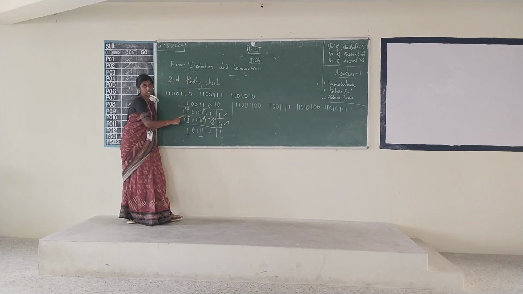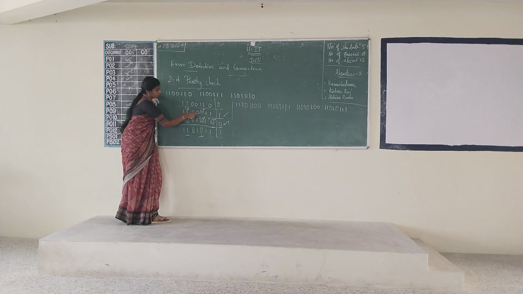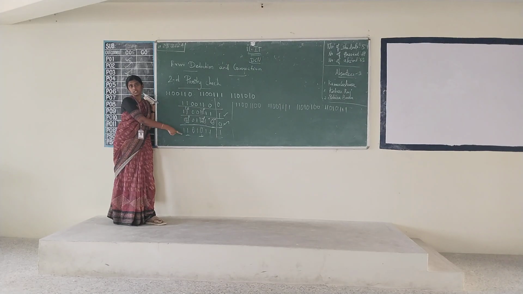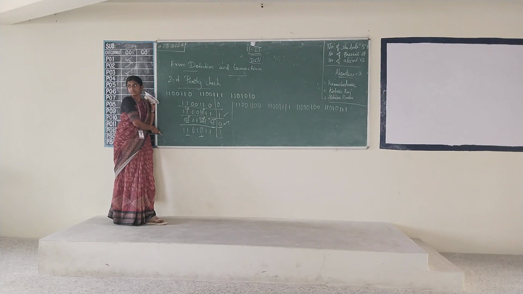If 2 positions of a column is changed, then you cannot find the errors. So in this column also 2 positions is changed, and in the other column the same 2 positions are changed. Then you cannot find the errors in this. Can you understand?